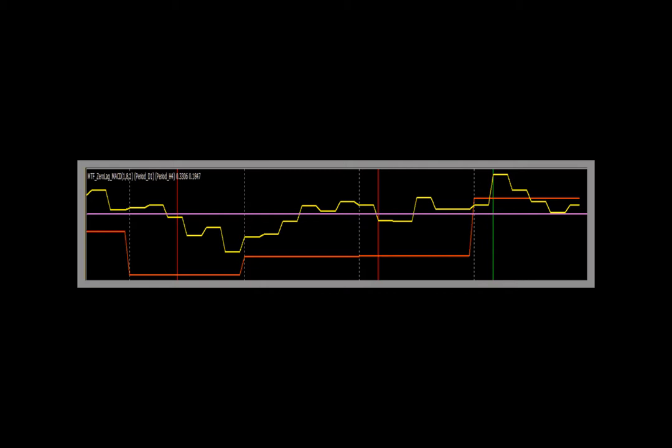And in the advanced system, because I've added the daily orange trend line, now we have an extra way to see what the even higher time frame is.